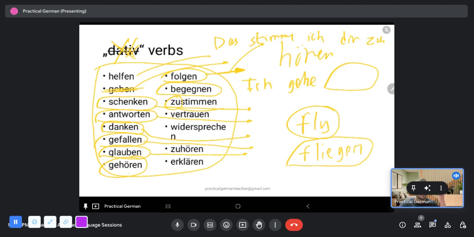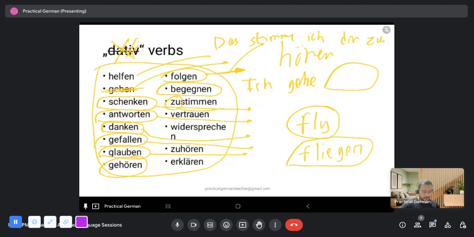This means that they agree with your point. You will hear this very often when you are in a meeting. Someone says this and you say, no, I don't believe that, and so they will say, yes, I agree with you. Das stimme ich dir zu. I have also heard, like, sie wollte nicht zustimmen. Yeah, they did not want to agree. Yeah, something like that.